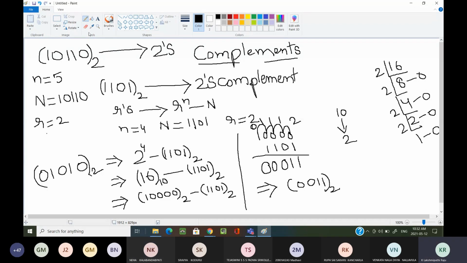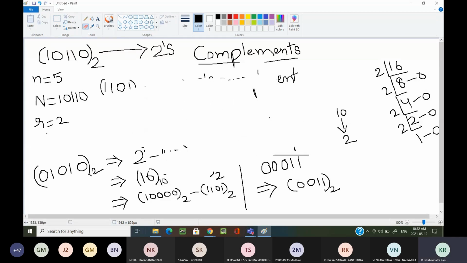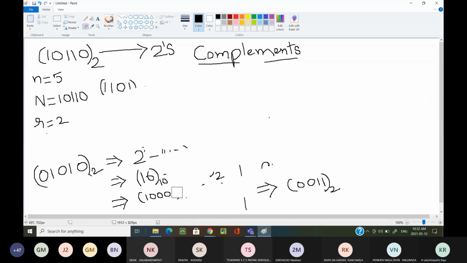Now we are moving to the other number system, that is the octal number system.